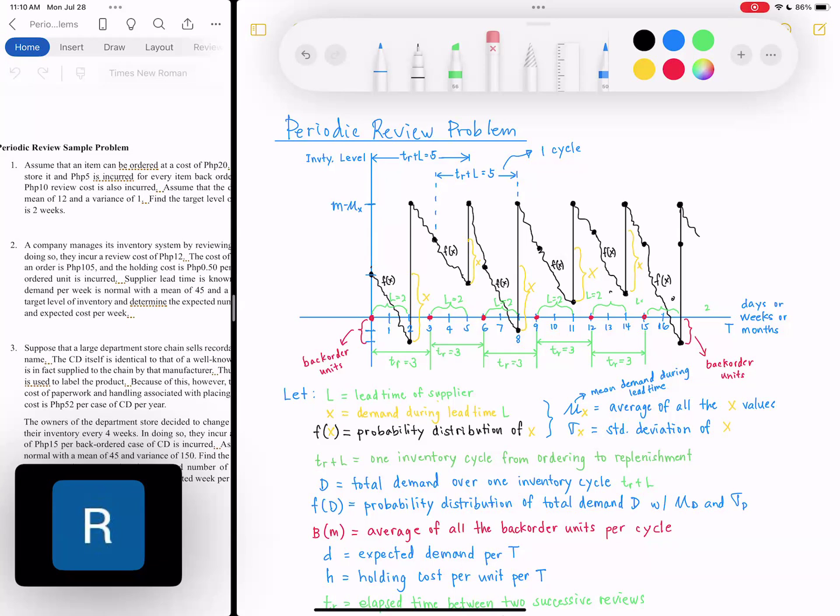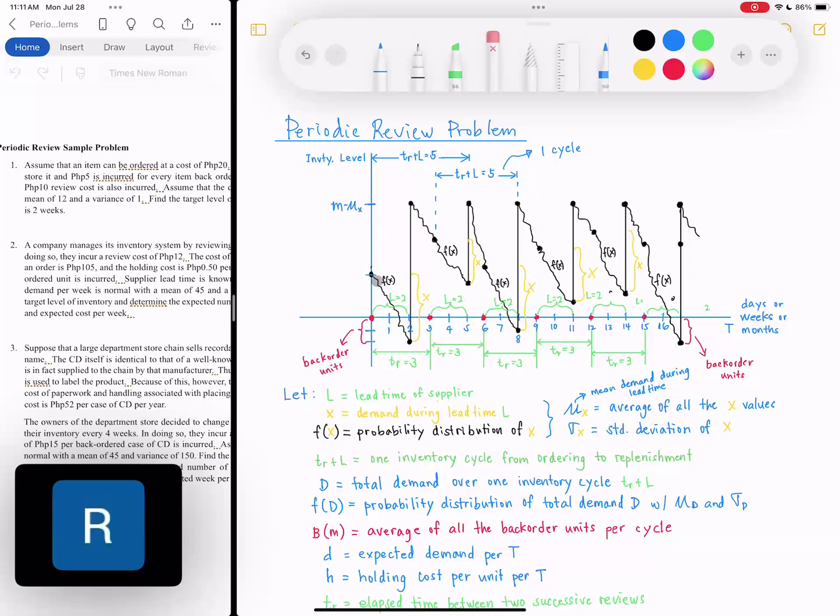So if you see on the right side of your screen, okay, you see this cursor here. This is the diagram for the periodic review problem.